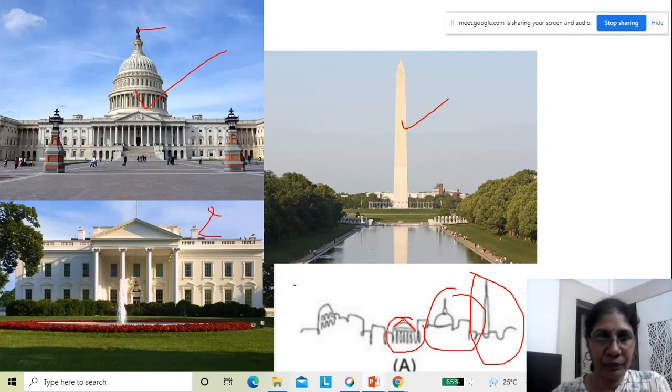That is the rare case, but otherwise this is just an outline sketch wherein all the important structures of the city have been put together. But you will not see all three together in a skyline. In an actual skyline these three buildings will not be visible together.